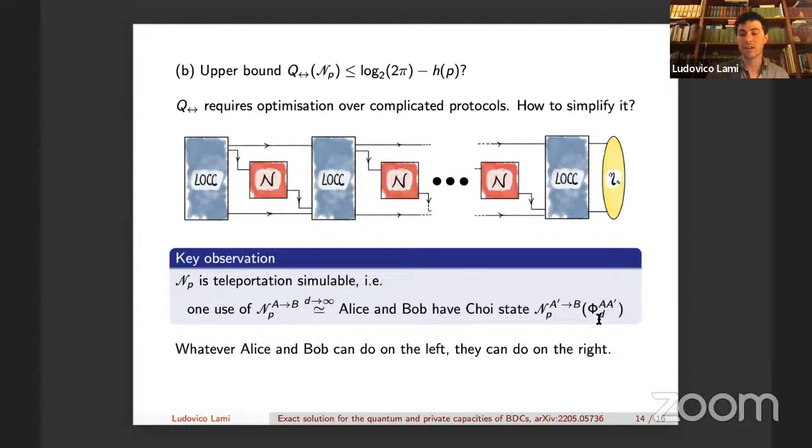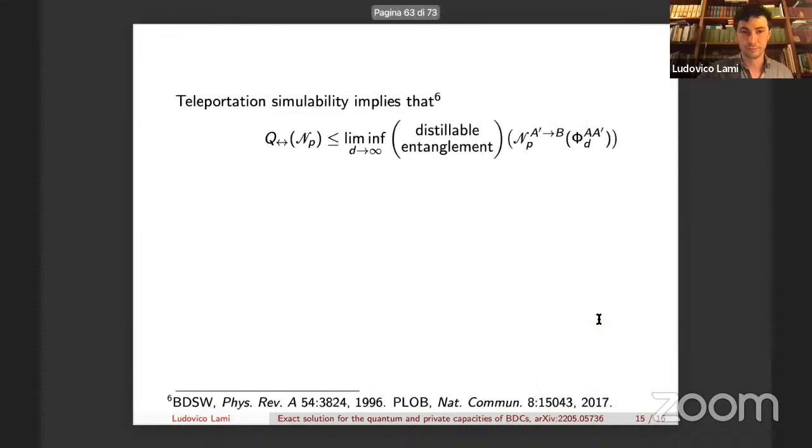For now, I just send the maximally entangled state, and then everything will be fine. But in principle, these two things are not the same, because on the right-hand side, you committed to a state, while on the left-hand side, you are not committed to a state. You can send any state that you want. Okay, so in principle, the use of the channel on the left-hand side will be more powerful than the right-hand side. But for this special channel, for a wide family of channels, the two actually are the same.